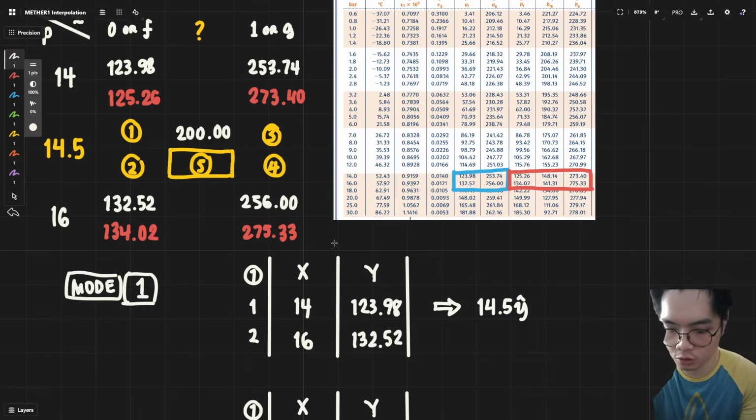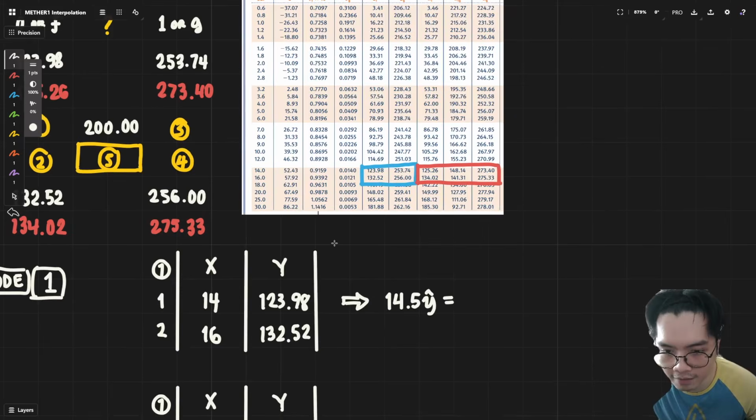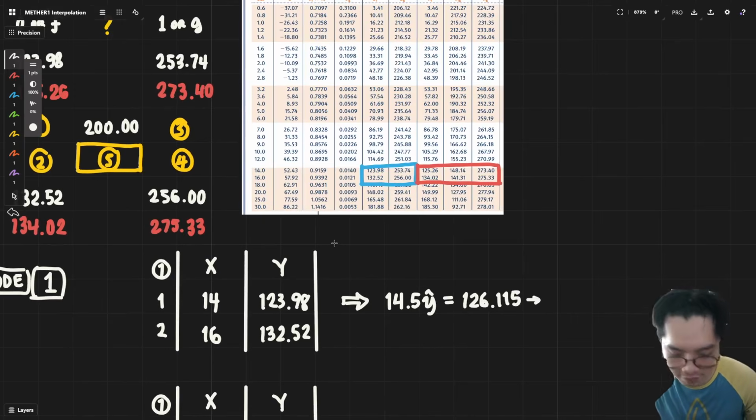So let me do that on my own. 14, 16, 123.98, 132.52, and then 14.5 y hat gives me 126.155. And again, if you don't want to do this, you can just put this into A.